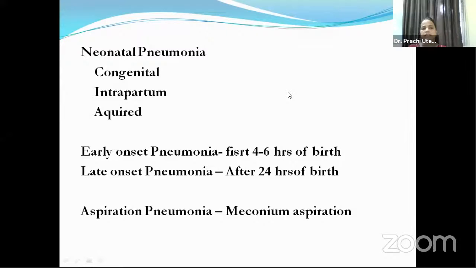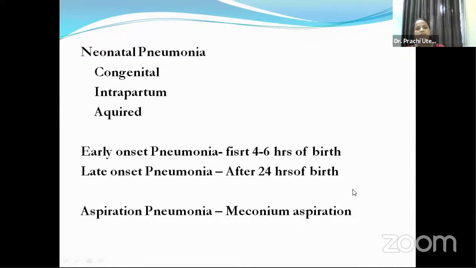There are early onset and late onset pneumonias also. Early onset is in the first 4 to 6 hours of birth and late onset after 24 hours of birth. And there is again aspiration pneumonia, that is meconium aspiration, usually seen during deliveries.